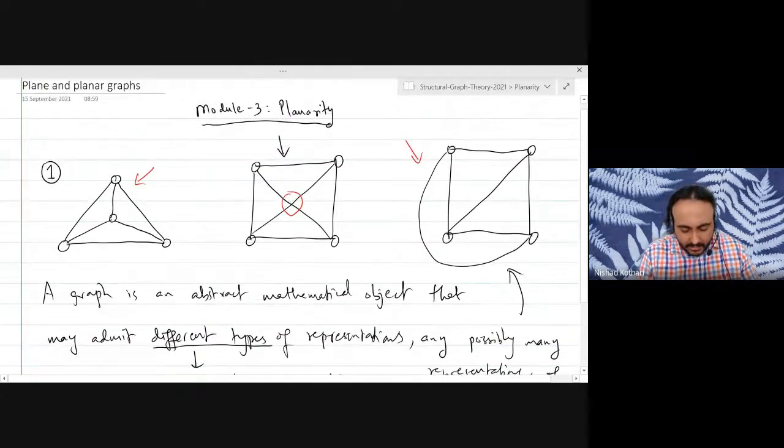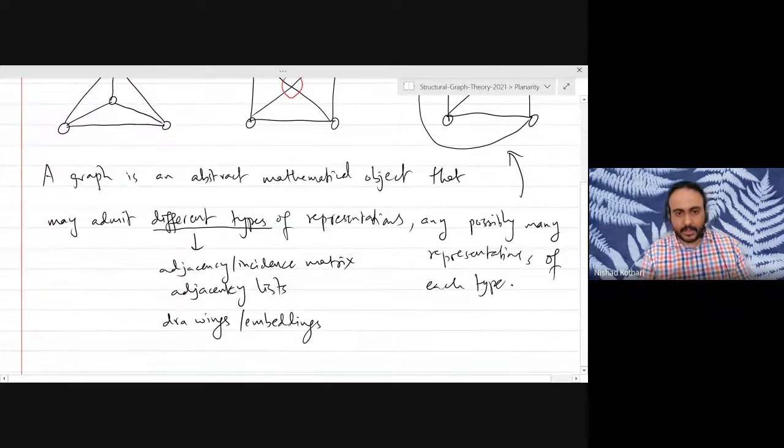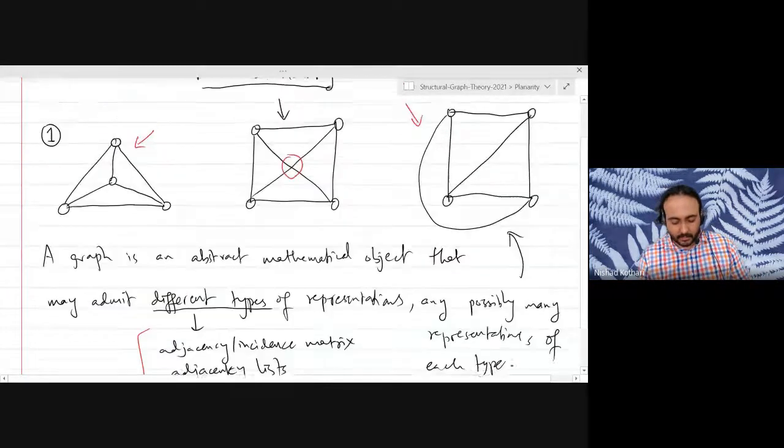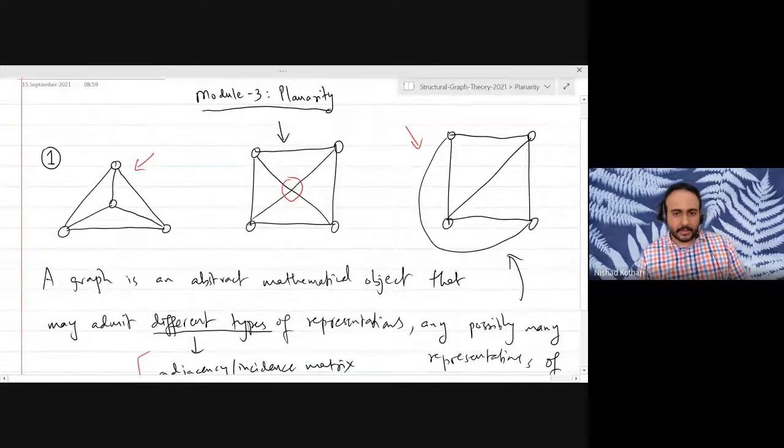I will just say that this is the crux of what I've said, that a graph is an abstract mathematical object that may have different types of representations listed here and many representations of the same type. So the type I want to focus on today is drawings of a graph, and here are 3 drawings of K4. Okay, so that's the brief summary.